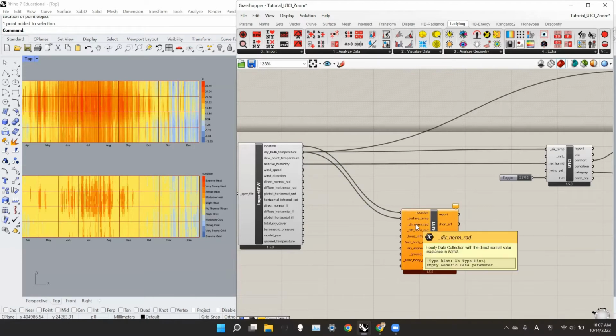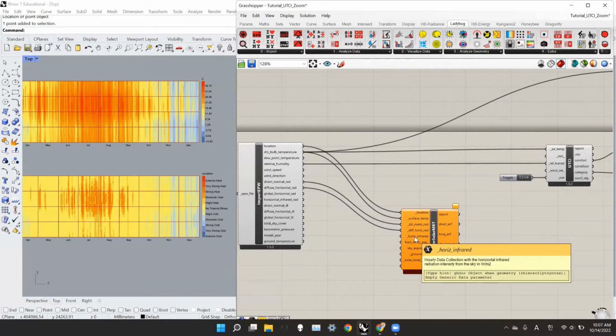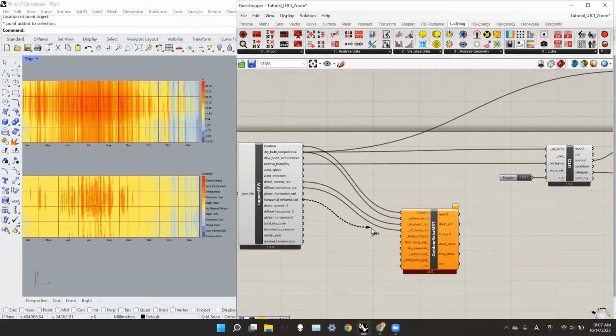And this one says direct normal solar irradiation. So direct solar radiation and diffuse horizontal radiation, and this one is horizontal infrared, so you need to skip the global one.